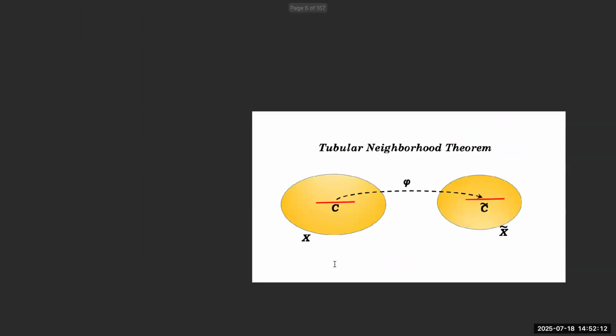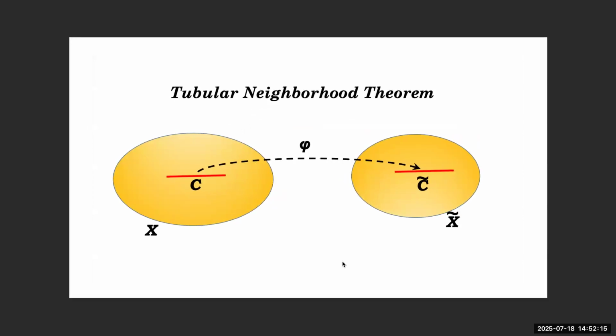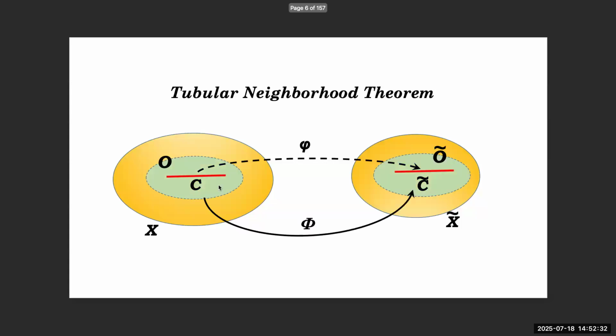So here's the picture. If you have a compact submanifold C in X and C tilde in X tilde, and if there's an isomorphism between the normal bundles, then you can find Euclidean neighborhoods O and O tilde which are diffeomorphic. This is a basic result in differential topology. That's the tubular neighborhood theorem.